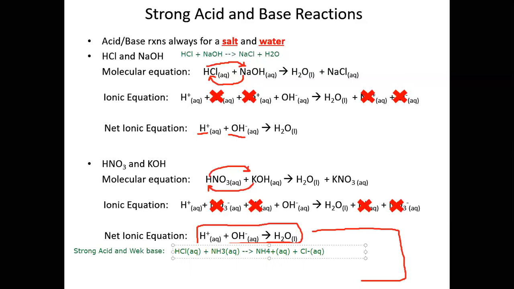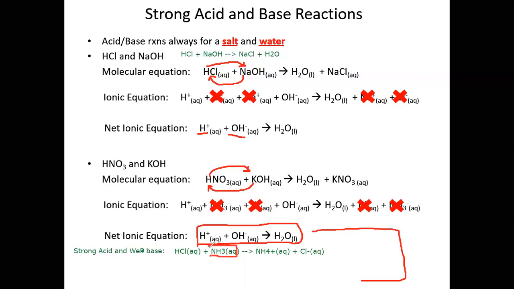So in this case, this is a strong acid and weak base. We still get a salt, because we have a cation and anion, just like we did with the others, but it's separated. Now for the ionic equation, again with a weak base, just like with a weak acid, we don't break apart the weak base.